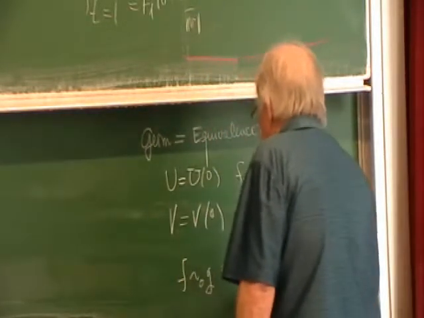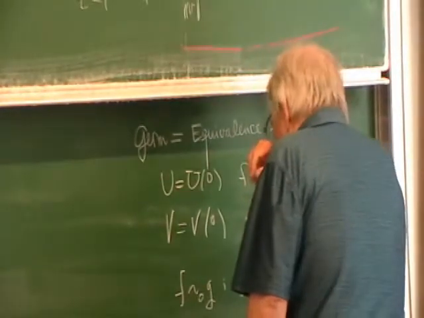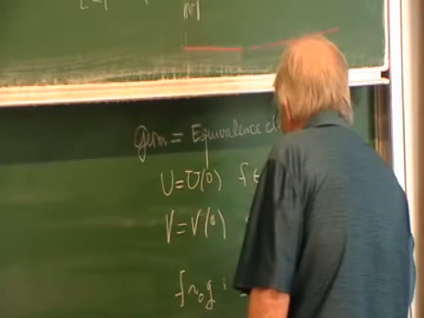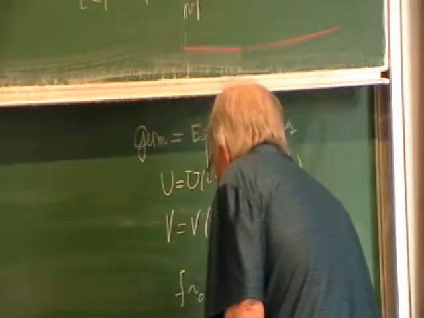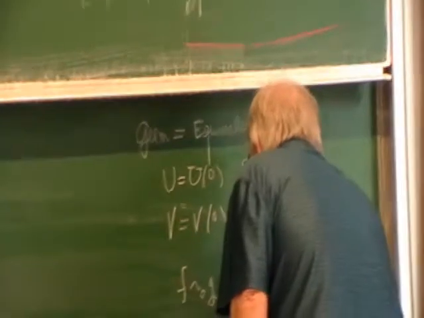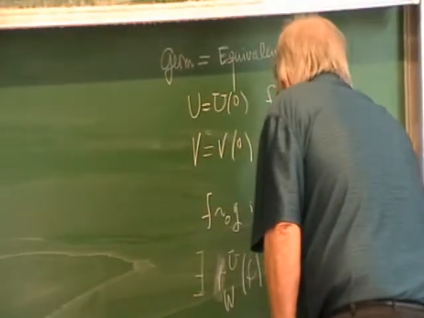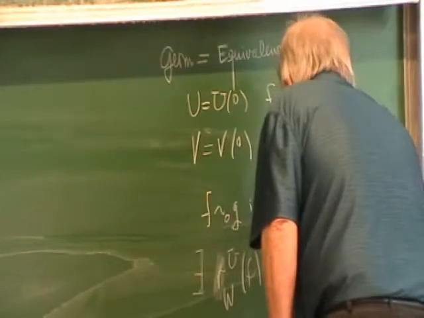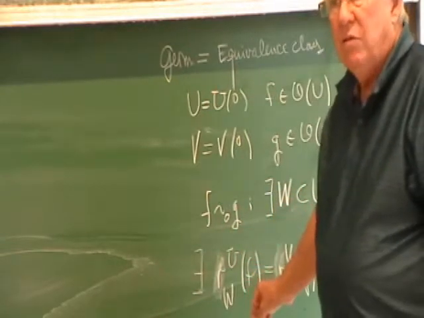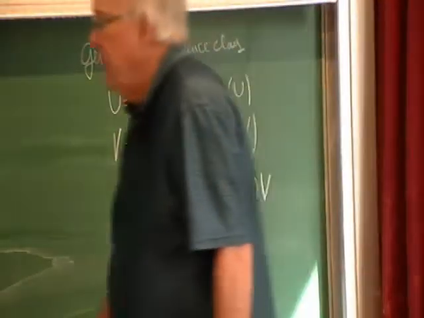It means that there exists another neighborhood W contained in U intersect V, such that the restriction from U to W of F equals the restriction from V to W of G. I'm sorry to bore you with this, but it's just the obvious equivalence relation. Get used to it. It localizes at a point, and we localize this at this point.